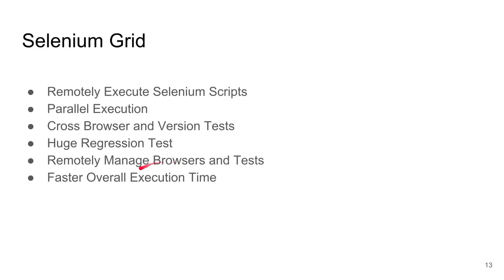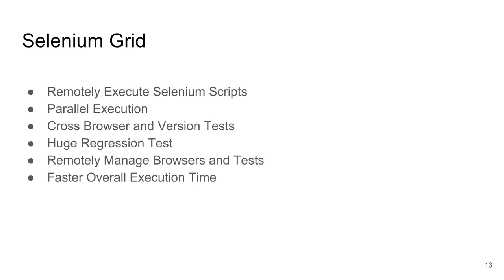It says you can remotely execute the Selenium scripts, you can execute them in parallel, and you can have a cross browser and version test. If you want to test the same feature on Firefox 21 and above, 23 and above, then you will have different Firefox browsers, 23, 24 up to 50, 55, right?